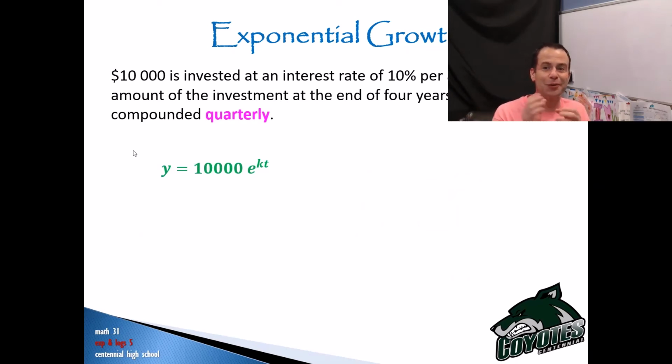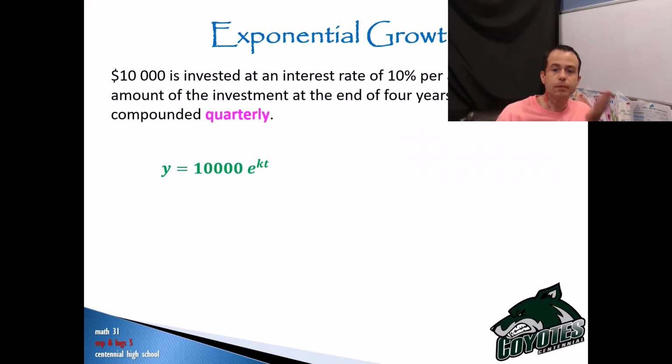That 10% is still annual, but if you're going to compound quarterly, essentially your interest rate per quarter would be 10 over 4, or 2.5%. So you get 2.5% every quarter, so that at the end of the year you get 10%. But because you're putting it on sooner, your interest gets reinvested sooner, and so your investment can build.